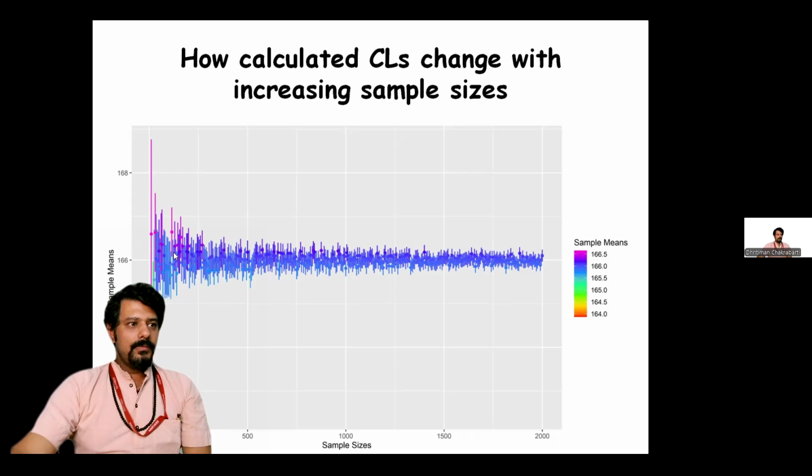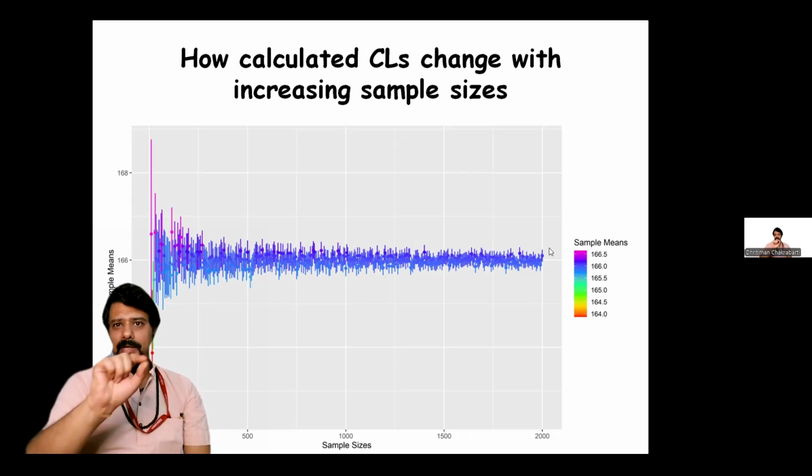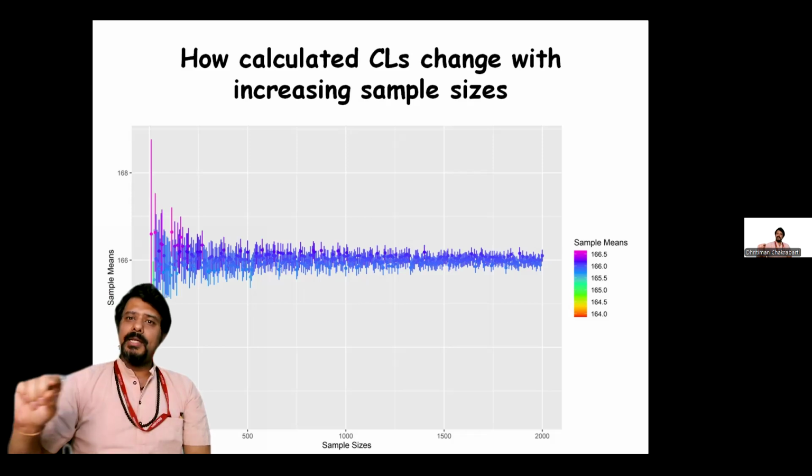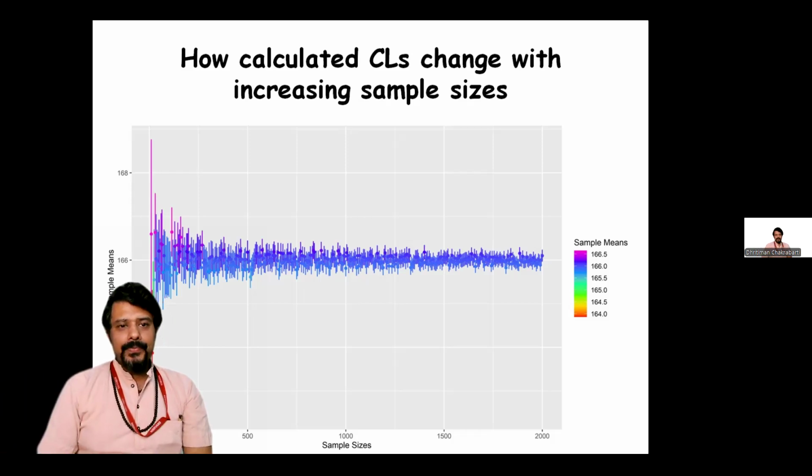You can see how it is following a downward sloping path of the upper confidence limit and an upward sloping path of the lower confidence limit as you increase the sample size. And that reduction is going to continue, albeit in a very gradual manner, as you keep increasing your sample sizes. So this is how your confidence limits or standard error change once you increase your sample size.